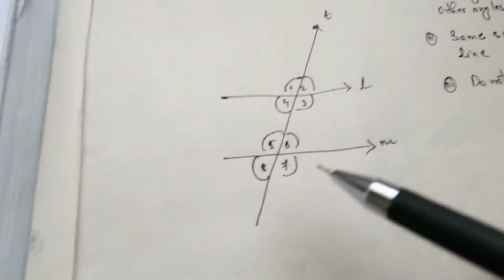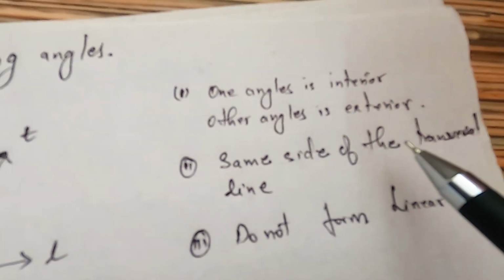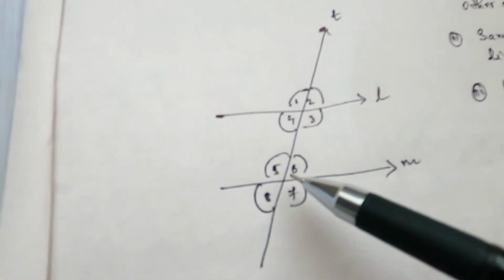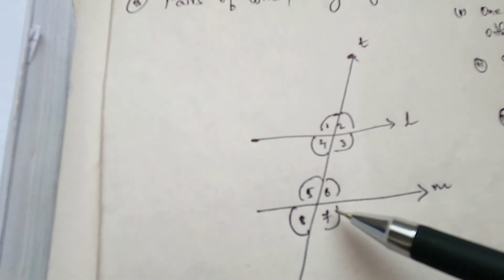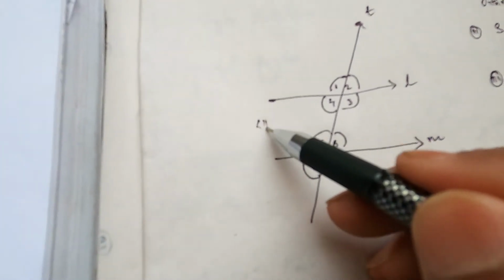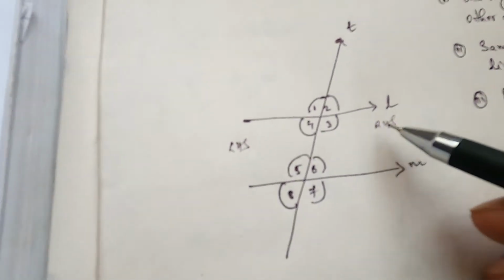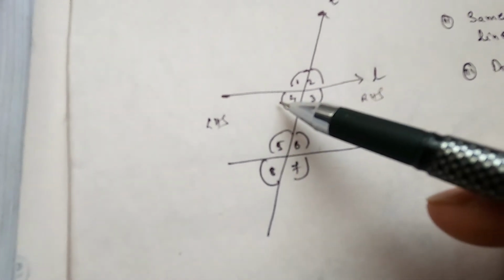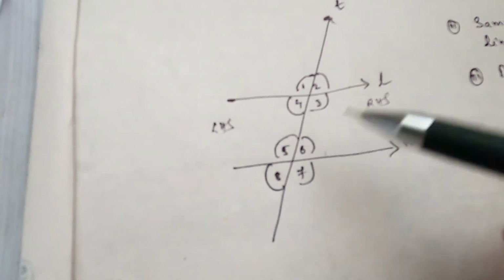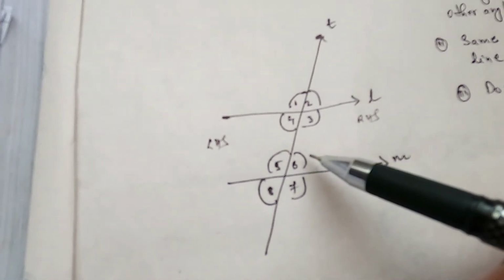All right, now same side of the transversal line. So this is a transversal line, same side. It means that the two angles should be, suppose this is the left hand side and this is the right hand side, either on the left hand side or on the right hand side. So one angle cannot be on the left hand side and the other on the right hand side.